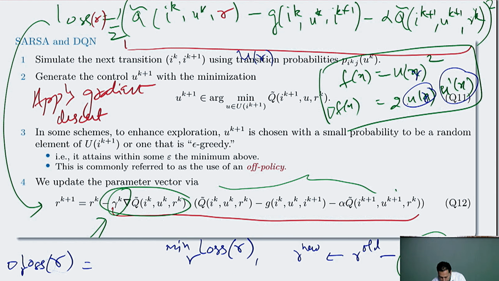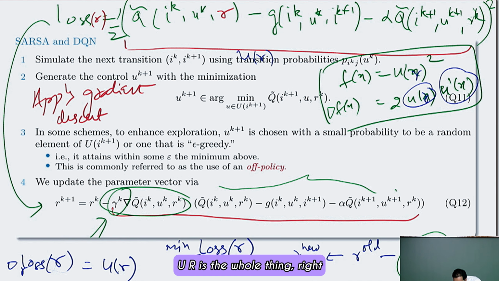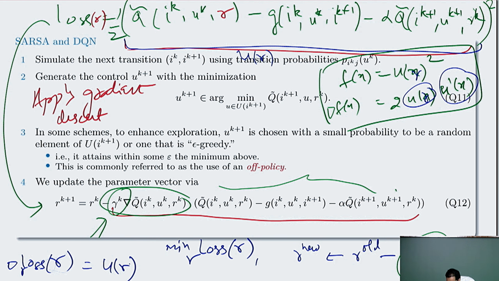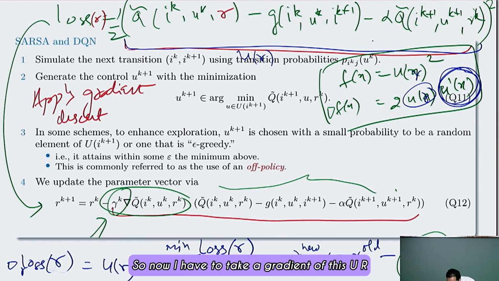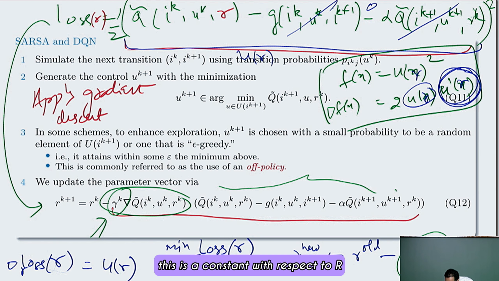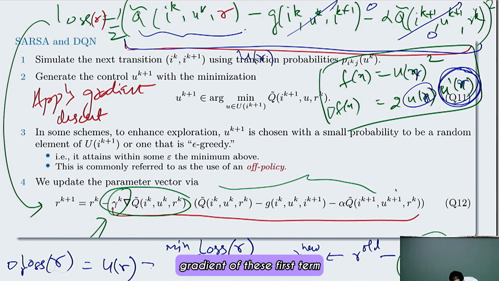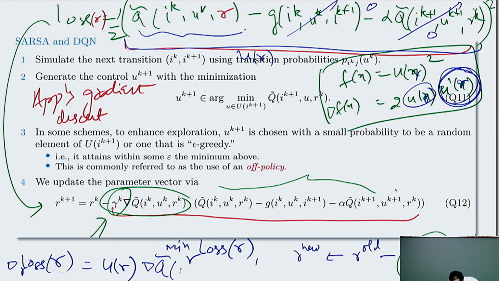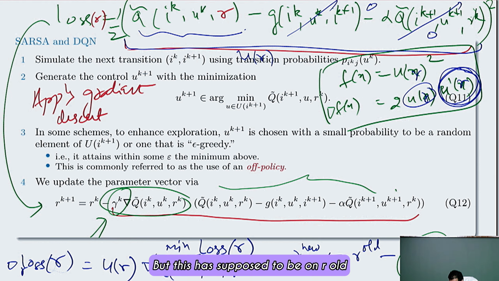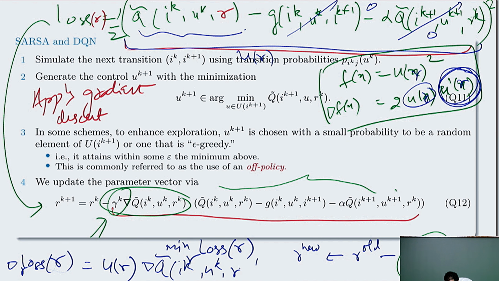So u(r) is the whole thing that I copied. Next step is u prime(x). Now I have to take the gradient of this u(r) with respect to r, but these terms are 0 because they are constant with respect to r. So I am left with the gradient of the first term, Q tilde i_k u_k r, but this has to be evaluated at r old, and r old is r_k, so I put r_k back here. And u(r) was the thing I just said. So this is exactly of this form.